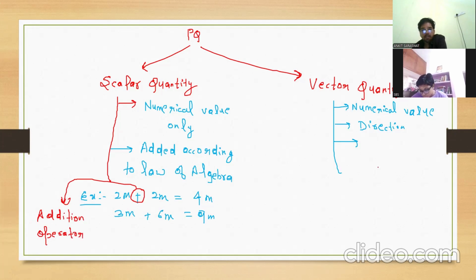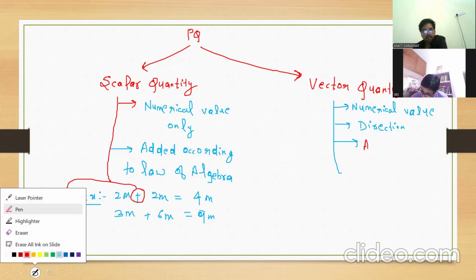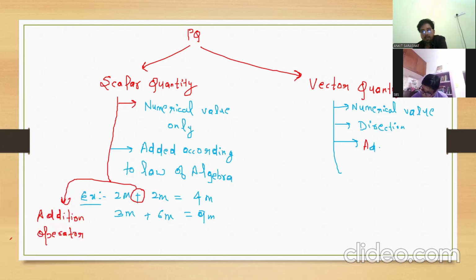But in case of vector quantity, if I write 3 plus 6, we can't say it is always 9. It can be 9, or it can be under root of 9 plus 36. It depends on direction. So vectors are added according to the vector law of addition.